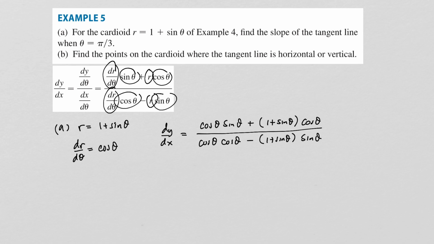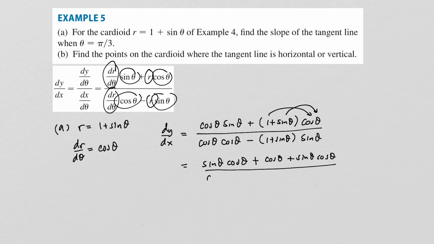Now let's do a little bit of simplifying here. We have sine of theta cosine theta, plus we have 1 times cosine, which is cosine, plus sine times cosine, which is sine times cosine, divided by, in the bottom, we have cosine squared theta, minus 1 times sine of theta, and then minus sine times sine, which is sine squared of theta.